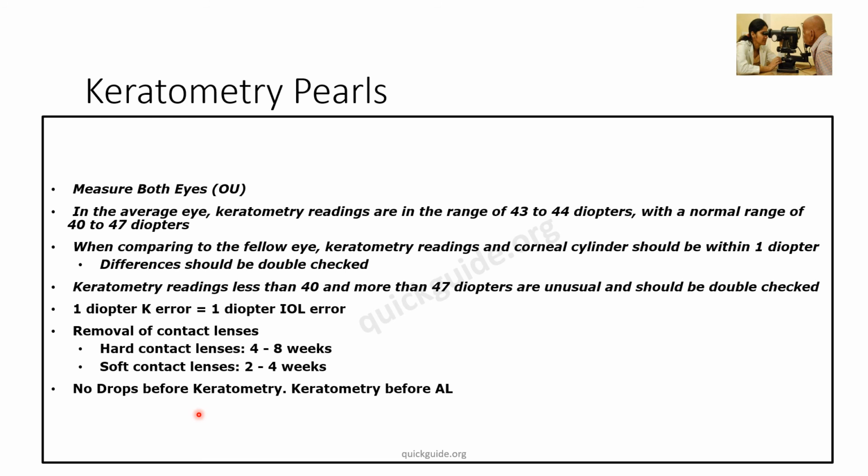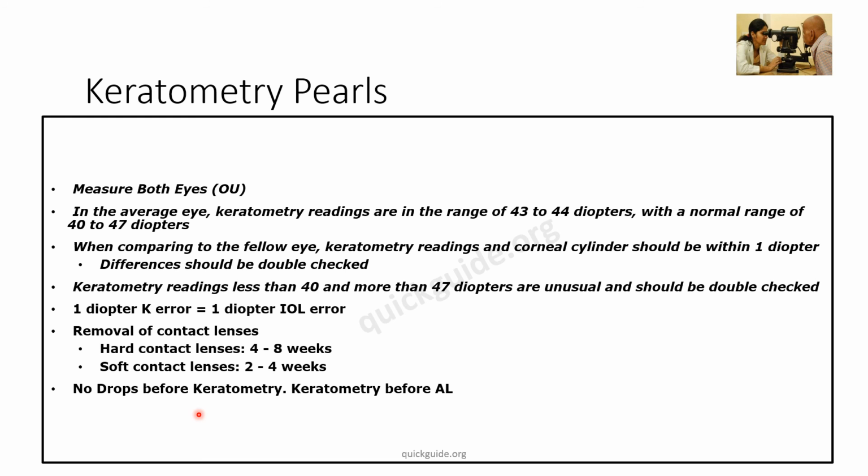For optical biometry machines, the axial length calculation and the keratometry reading are done at the same time. It is very important also for optical biometry to keep this in mind that we should never put any drop before the optical biometry is done.